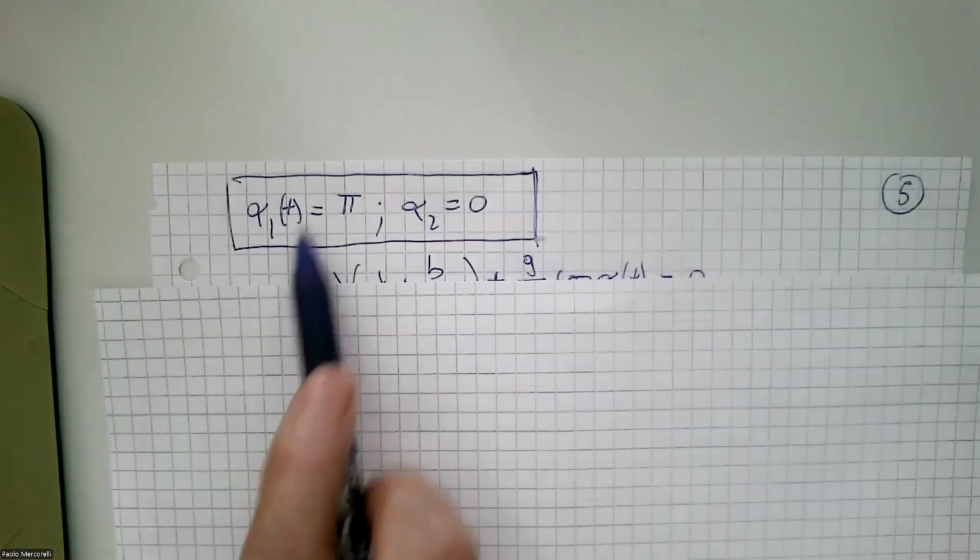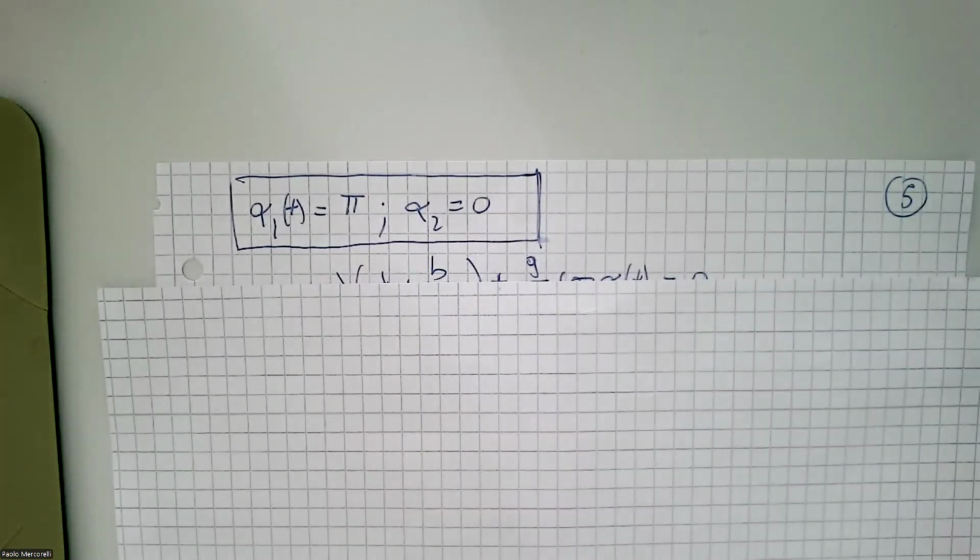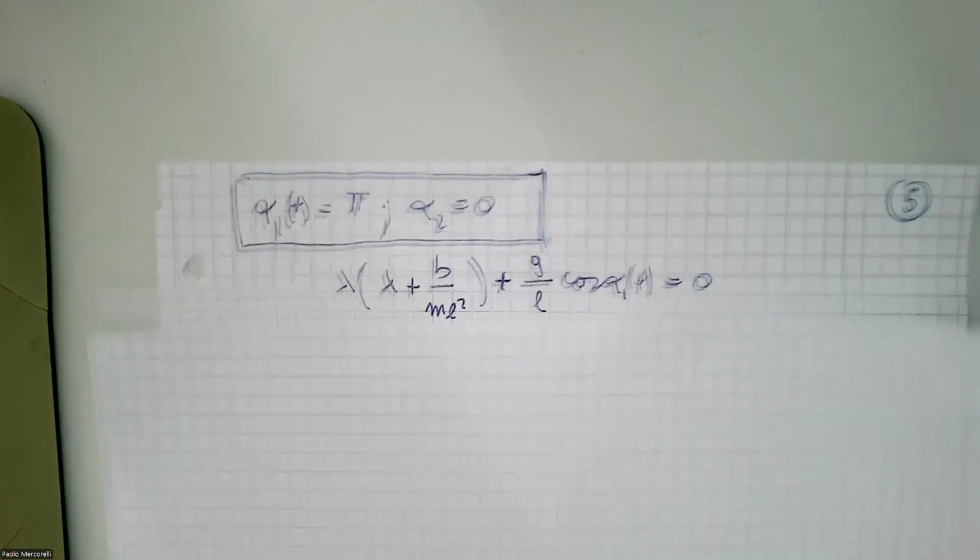Let me check the second equilibrium point. This is the second equilibrium point, the equilibrium up, let me say, the upper part.